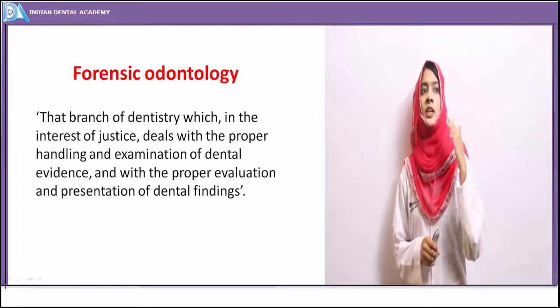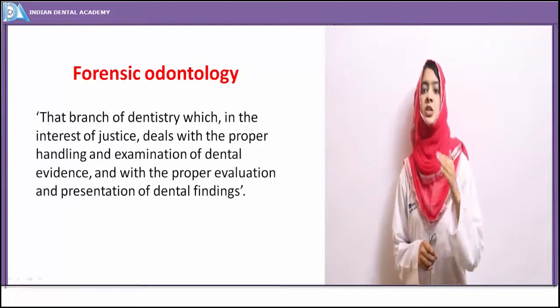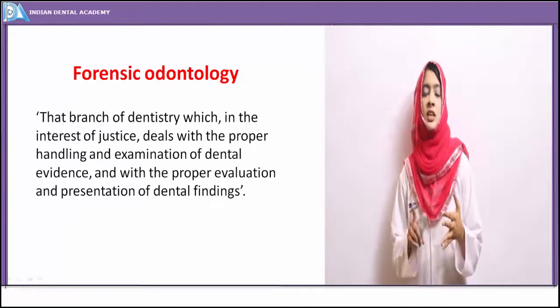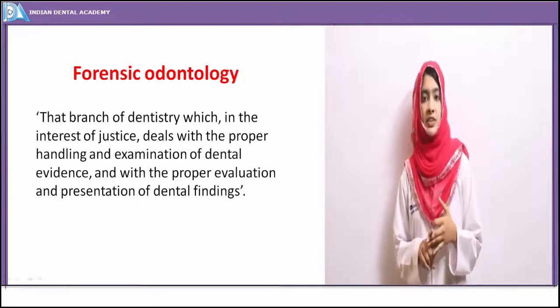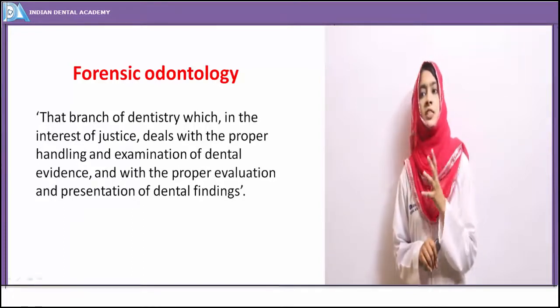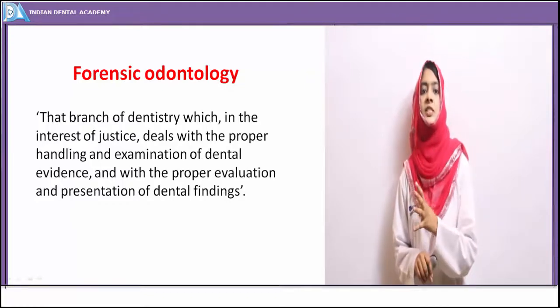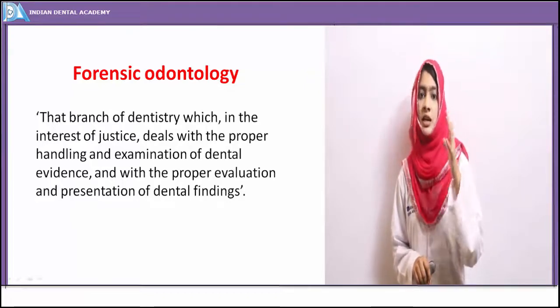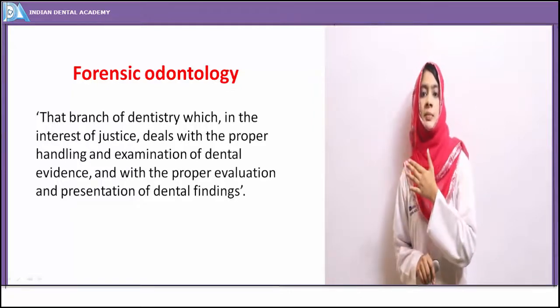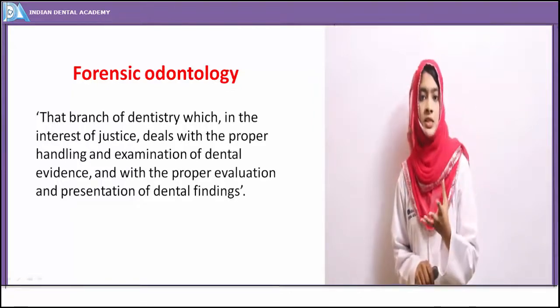They show differences with age. So age estimation can be done, you can identify the sex, you can identify the individual. So forensic odontology has gained importance, and dentists are included in the forensics department to identify the remnants and the individual.